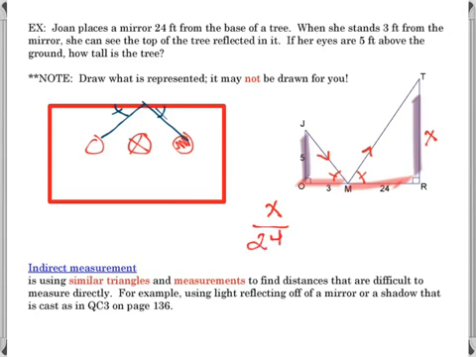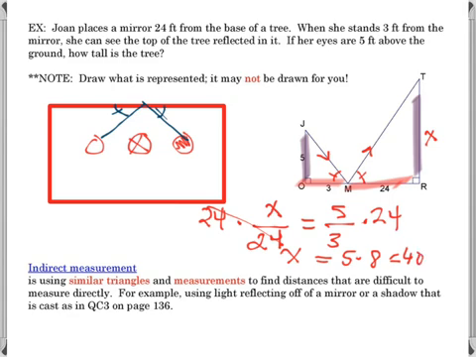I'm going to do x over 24. So I did purple over red, and you do that the same way on the other side, 5 over 3. The reason that this helps me is now to solve for x, I just multiply by 24, and I multiply by 24. Those go away, and x equals, well, 3 goes into 24 8 times, so it's 5 times 8, which is 40. So the tree is 40 feet tall.